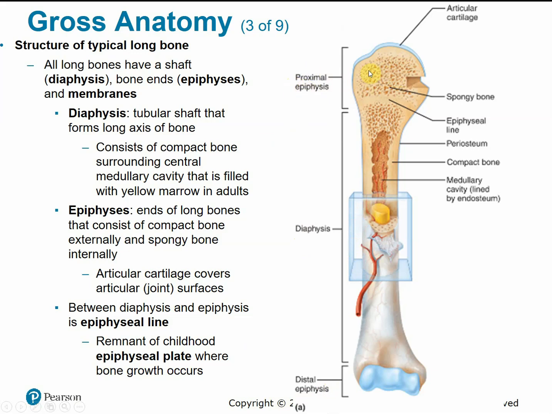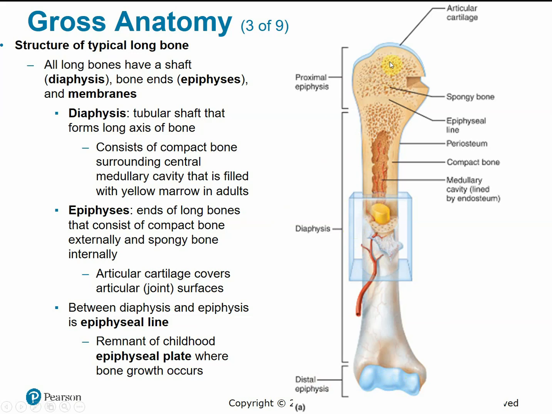So this would be the head of the humerus that would join with the shoulder, and a distal epiphysis that's going to join and form the elbow joint. The diaphysis, the tubular shaft, is going to form the long axis of the bone and surround that central hollow medullary cavity. So in adults, this medullary cavity will be filled with that fatty yellow marrow.